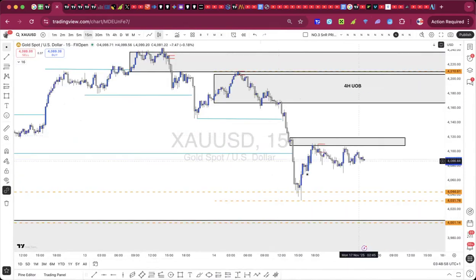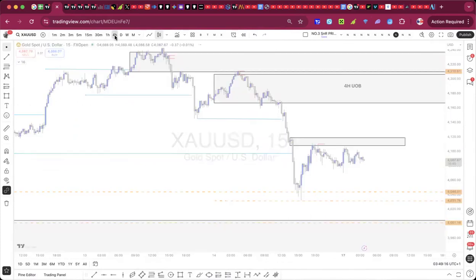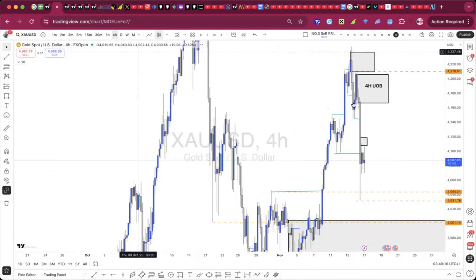So we expected the market to actually come back to mitigate this other block, remember? And even on this, these are points that you may see the market come back to. Or a fair value gap on the 4 hours that we marked, you're going to see a massive fair value gap. That's so big, right?